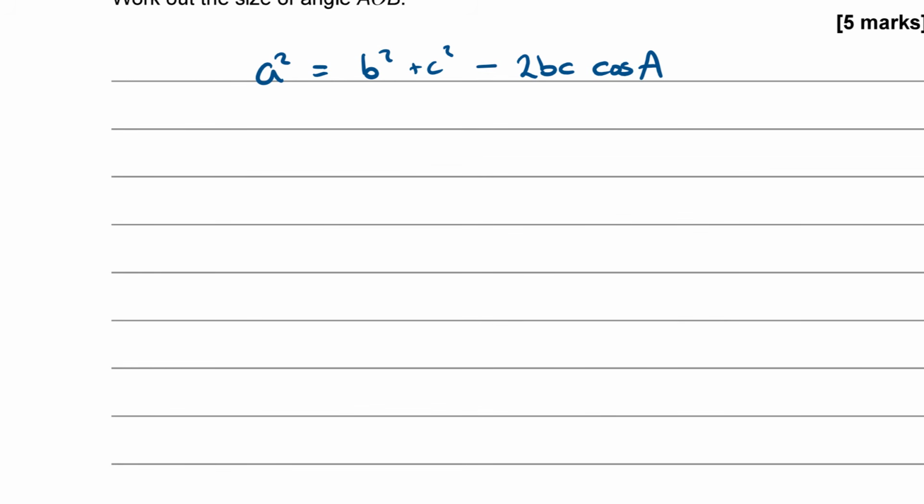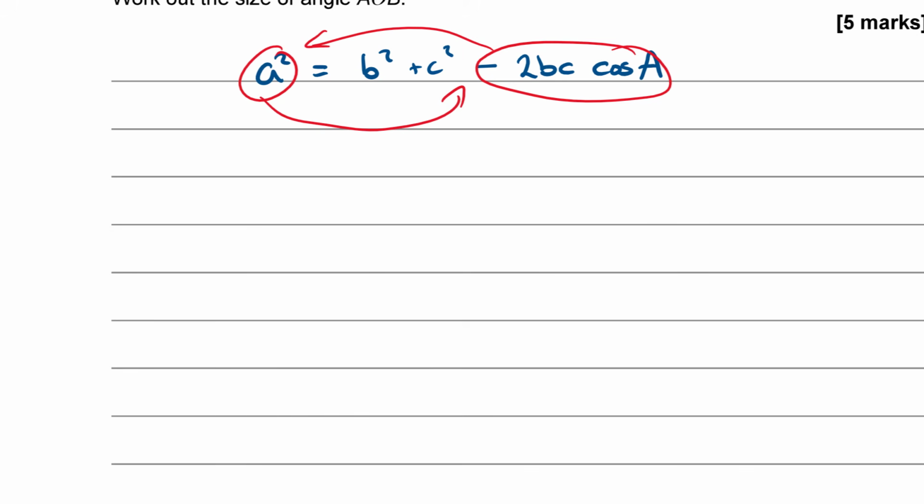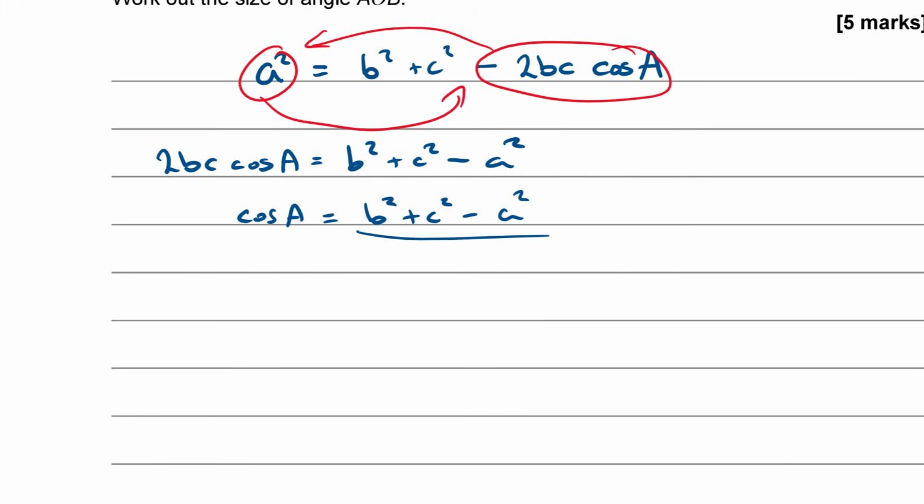Taking this bit and adding it to both sides, and then subtracting a squared so it appears on the other side, I'm going to get 2bc cos a equals b squared plus c squared minus a squared. And then dividing both sides by 2bc, I'm going to get cos a equals b squared plus c squared minus a squared all over 2bc.